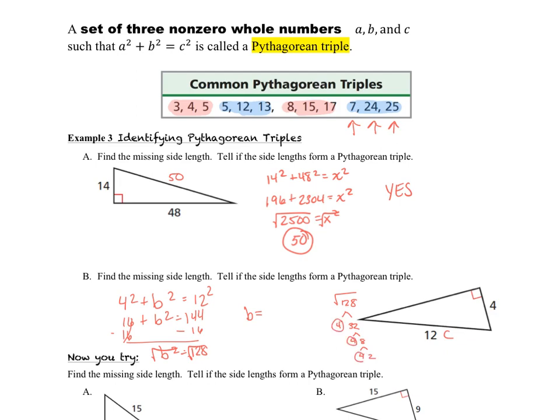I notice the square root of all these 4's is 2, so it's 2 times 2 times 2, which is 8 radical 2. So it's not a Pythagorean triple. We didn't end up with a whole number there.